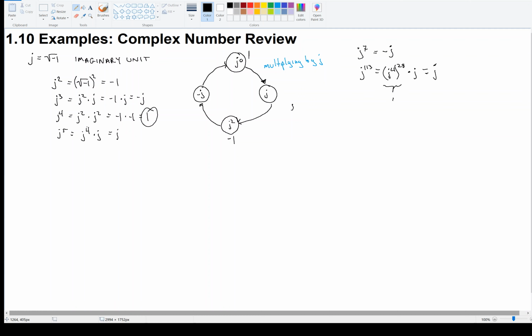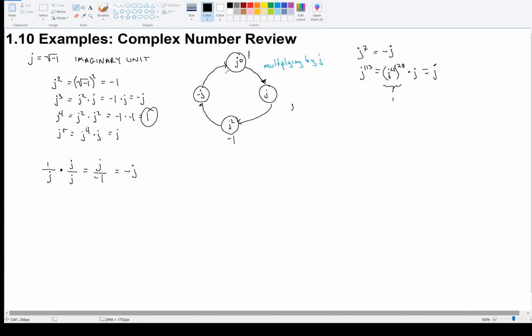Okay, and similarly, check this little trick out. If I divide by J, so if I take the number 1 and I divide by J, well, what is that equal to? I can multiply numerator and denominator by J over J, because J over J is 1. In the numerator, then I have J, and in the denominator I have J times J, which is -1. So this is just -J.